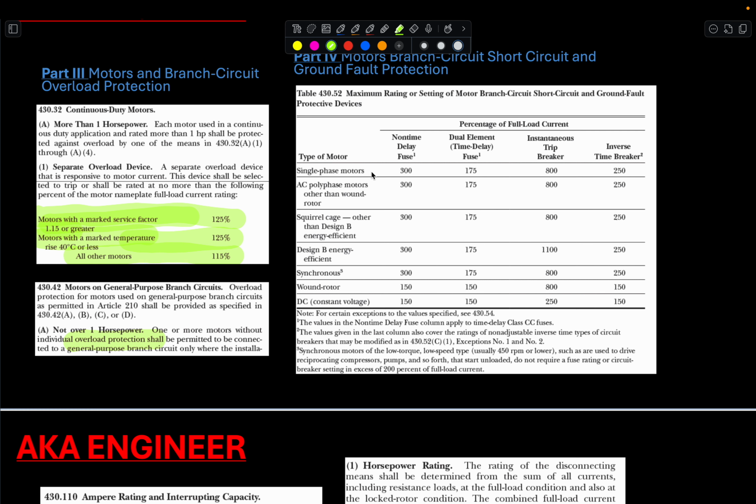If I'm dealing with a single phase, then I would use 250% of that full load current, and whatever that ampacity is will give me the size of that inverse time breaker. But be mindful, you must follow through in chapter 2, where there are standardized fuse sizes that it's important to follow, because it's not just the exact ampacity that you calculate, it's the standard size that you want to pick.